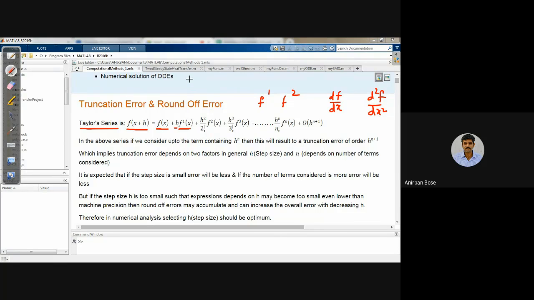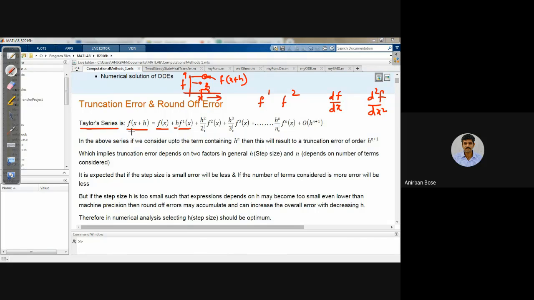That means if this is x and if this is the function at any location, let us consider at x, the functional value is f. Now if we want to know a neighboring value at a distance h from that x, what is the functional value? So this point is basically f of x plus h, that we want to find out, but in terms of all the functional values and their higher order derivatives at x.